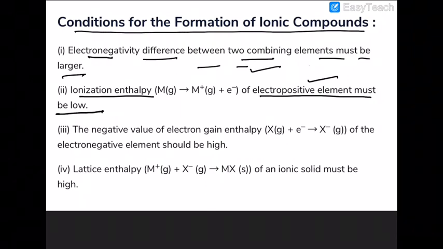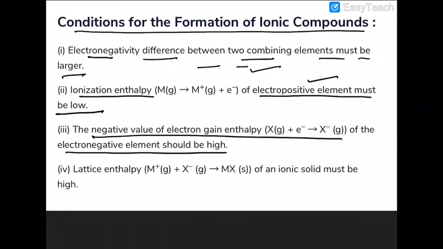Second, the electron gain enthalpy of the non-metal should be very large. So it is basically the halogens and the upper p block elements like oxygen, sulfur or phosphorus.